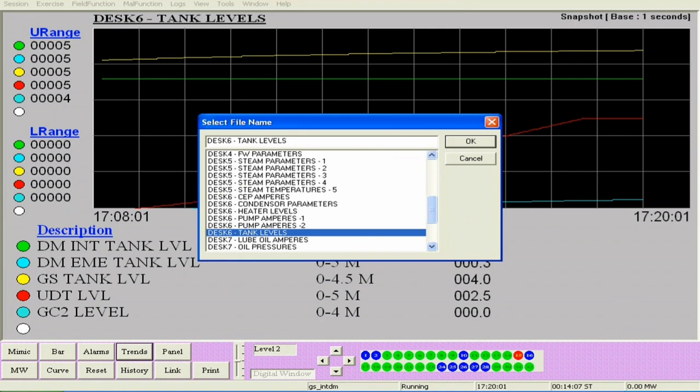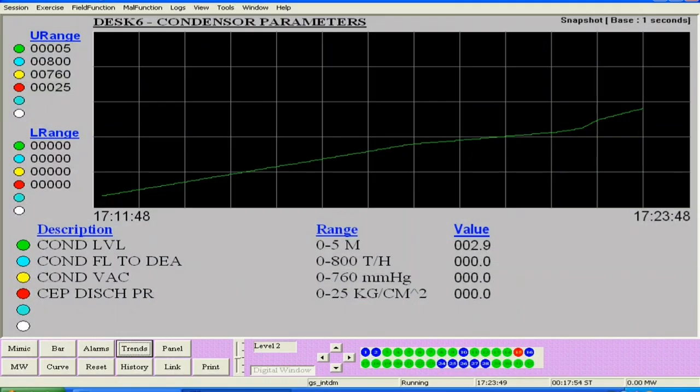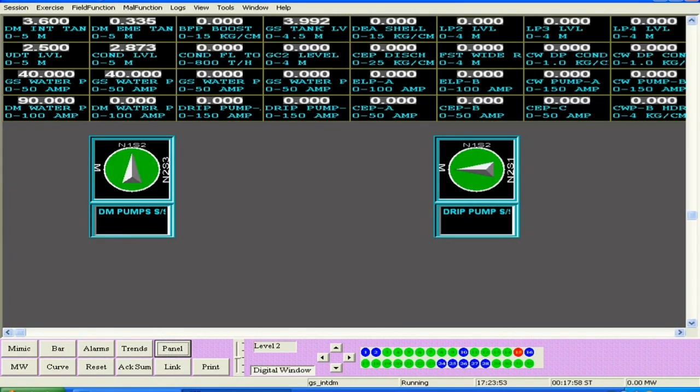So the condenser level has increased, and it has reached 2.9. We have to fill up the condenser up to 3 meters, so it is coming to approximately 3 meters.